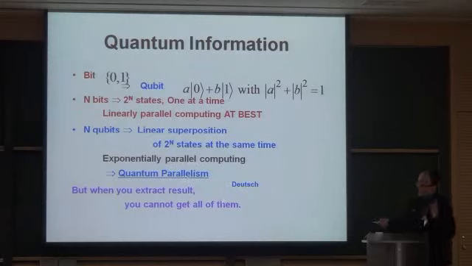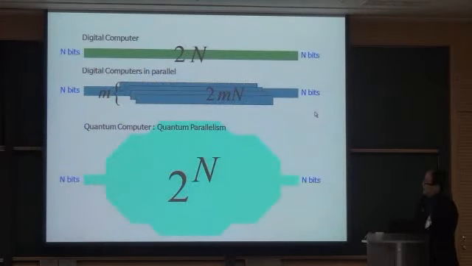But there's a catch. When you extract the result of the calculation, you cannot get all of them. You can get only n bits. So here is the picture. If you have a digital computer, the input is n bits, and the throughput is like this, and then n bits.